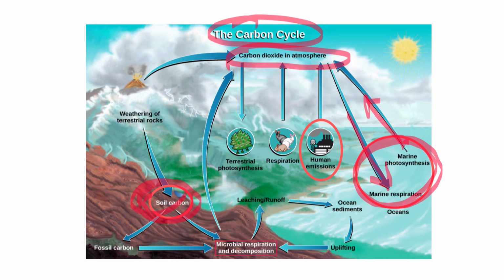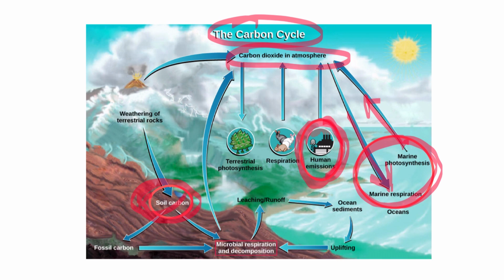And so the ocean actually takes carbon dioxide or carbon and then returns it to the atmosphere as well. Human emissions, this is the burning of fossil fuels primarily, are one of the major sources of returning carbon dioxide to the atmosphere. So make sure that you understand that one.